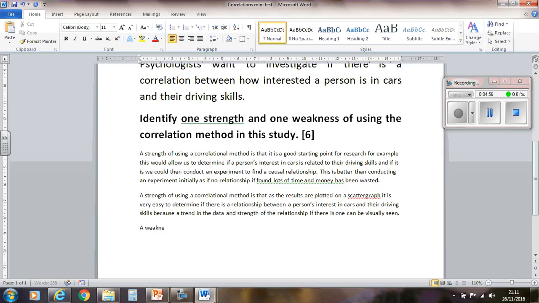A weakness of using a correlational method is that it is not possible to determine the causal relationship. That just means that you can't determine cause and effect.